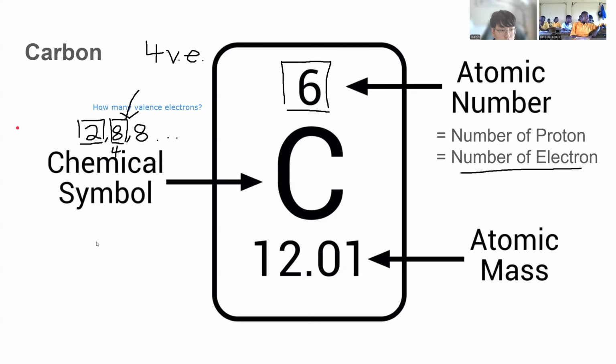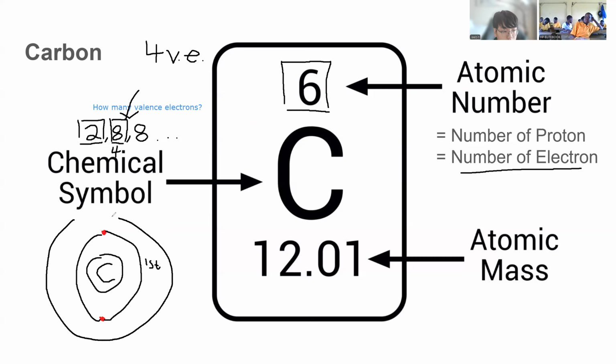So let me actually draw for the carbon. This is the nucleus of a carbon, and then we have 2 electrons filled, because this has 6 electrons, we have to fill each one. This is the first shell, and in the second shell, this has the capacity to fill 8 electrons in total.